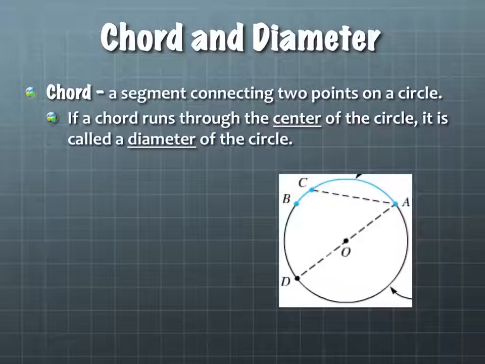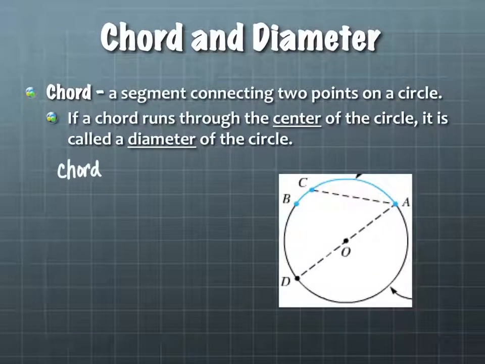All right. I think this is our last definition for today, chord. A chord is a segment connecting 2 points on a circle. So this is a segment, not an arc, it's a segment. If a chord happens to run through the center of the circle, we call it a diameter. So can someone give me an example of a chord on this diagram that's not the diameter?